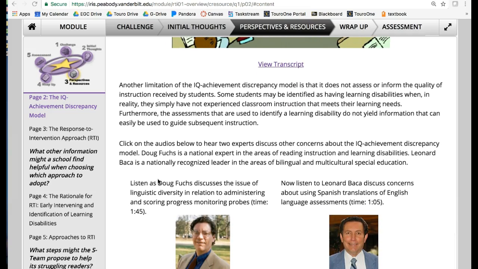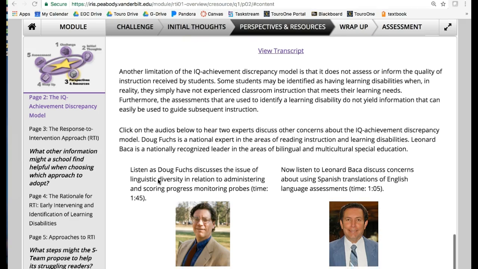But another big thing is that you can't actually tell by doing this type of assessment whether the student has actually just received poor instruction or doesn't have access to good instruction. And so a lot of times students aren't getting what they need because of this.